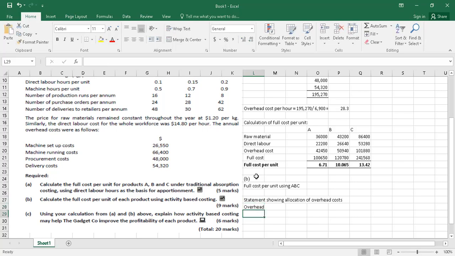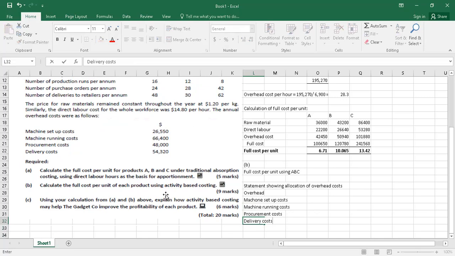Let's list them out: machine setup, then machine running, then procurement cost, then delivery cost. For each of these items, the amounts are given.